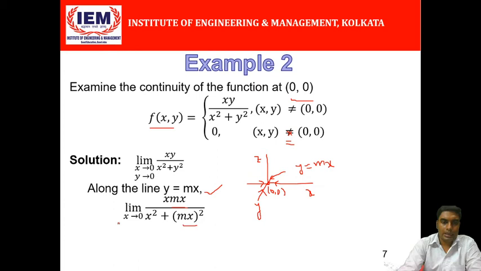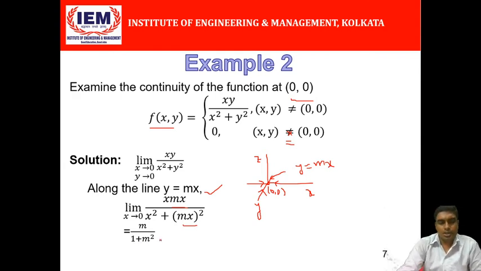So I can now see that there will be only one single limit as x tends to 0. Here the x squared term will be there in the numerator, also in the denominator x squared I can take common and cancel out because x tends to 0. Then I'll get m by 1 plus m squared.